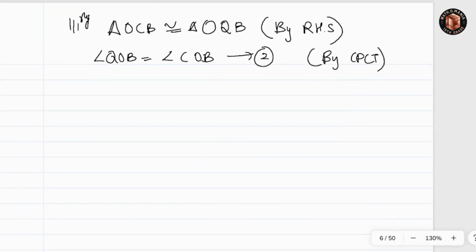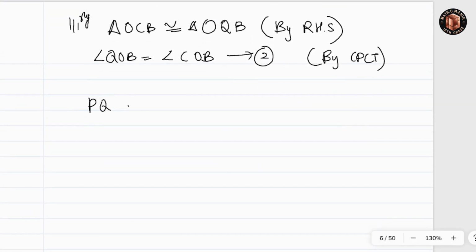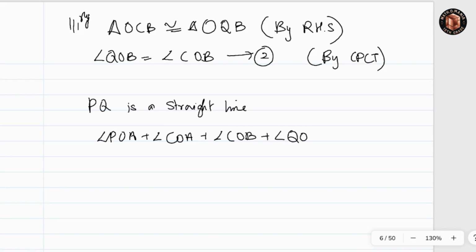So let me write that part. PQ is a straight line. Therefore, what all things I can write? Angle POA plus angle COA plus angle COB plus angle QOB equal to 180 degree.